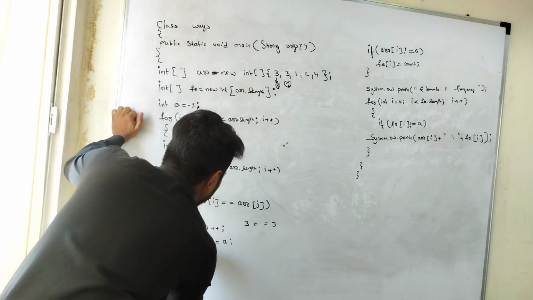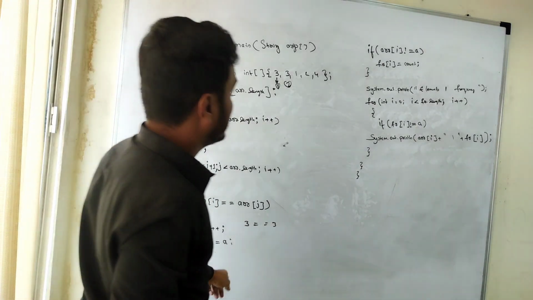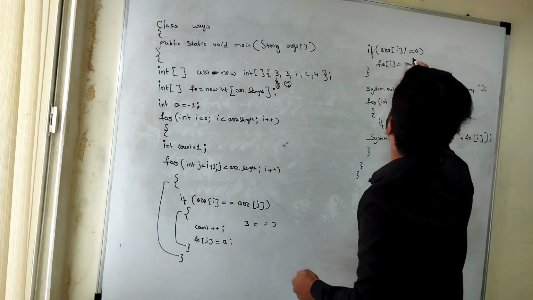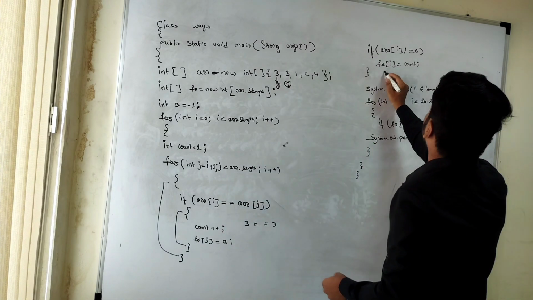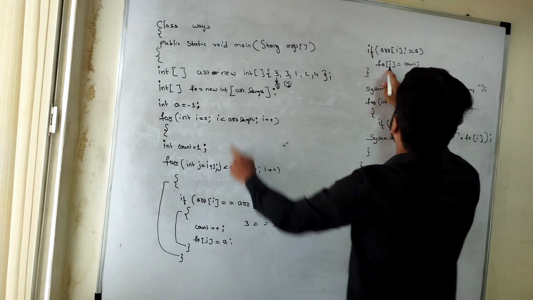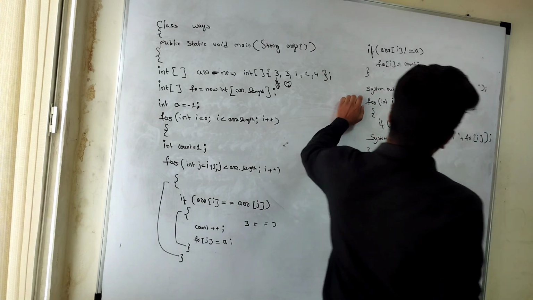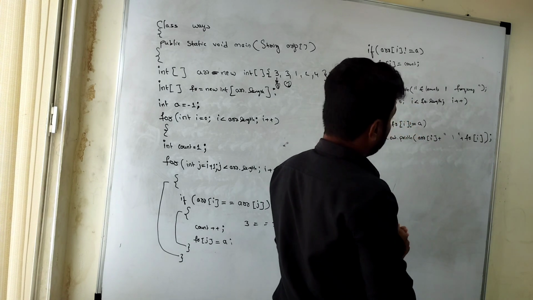Then it will replace the values with -1. Here, if the array of I is not equal, the frequency array of I is equal to count. Now we are printing the output. Okay, that's fine.